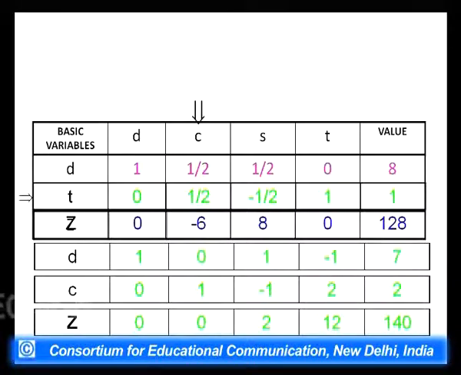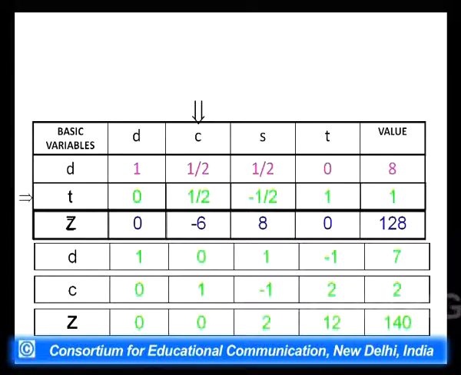The value against D is 7, value against C is 2, so if we produce 7 dolls and 2 cars, our profit will be 140, and that is going to be the maximum profit. And this is the way to solve the problem. Now this problem has been solved.